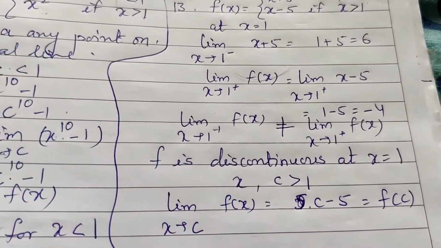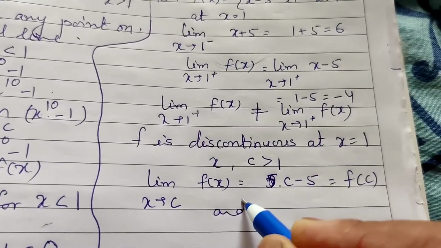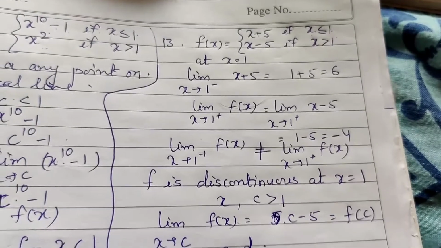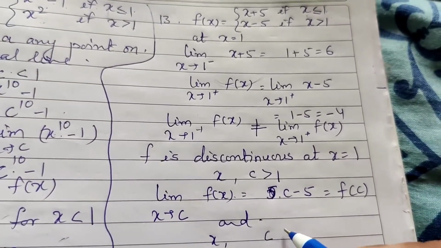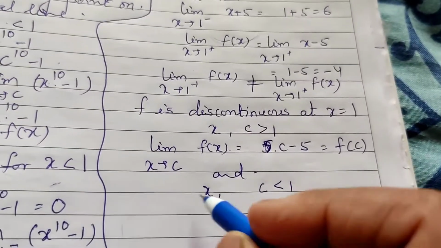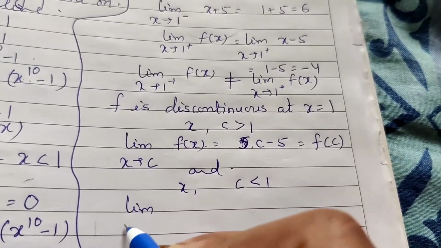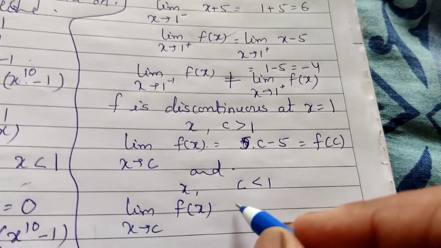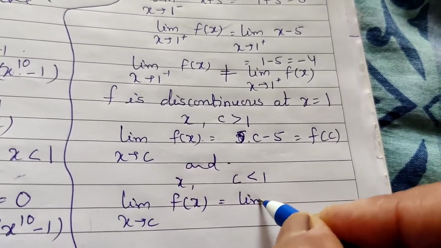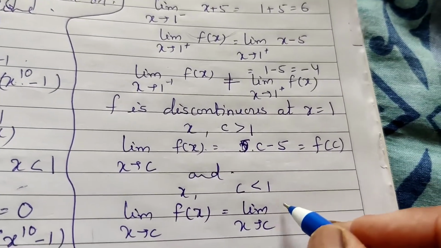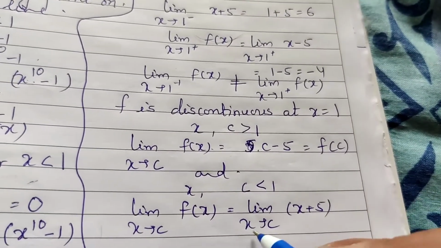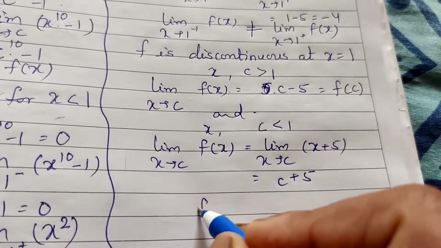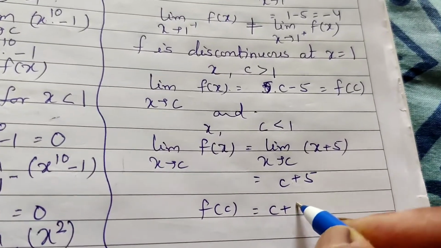And for the value c less than 1, the limit as x tends to c, the function is x plus 5. The limit as x tends to c of x plus 5 is equal to c plus 5, and the function value at c is equal to c plus 5.